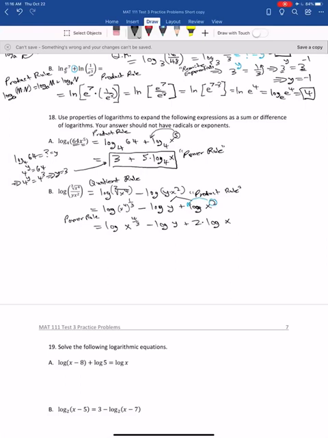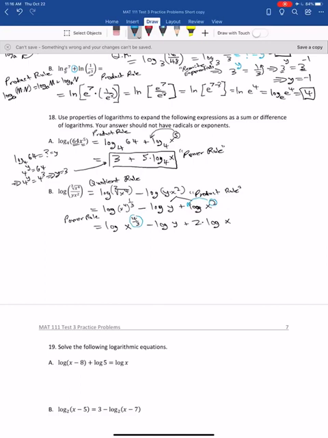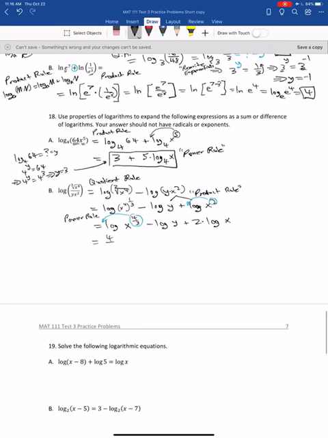So again, using the power rule, now let's bring that down. I need to take care of that exponent. We should have combined those first. So it's equal to 4/3 log base 10 of x. Again, make sure there are no powers, no radicals.